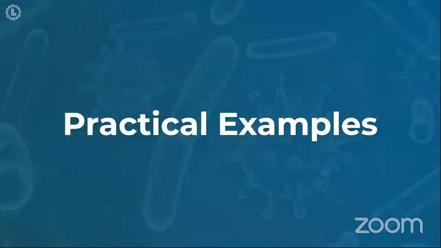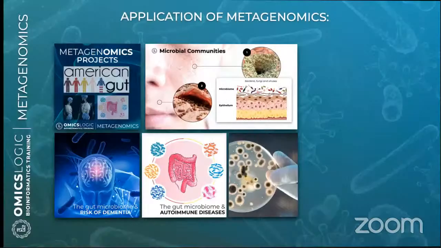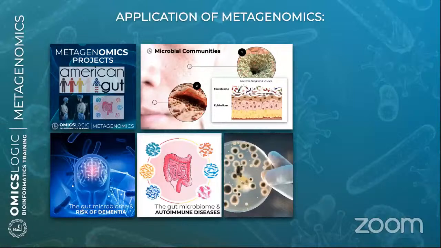So let's talk about several examples that we will use as data sets to practice. So applications of metagenomics include analysis of skin conditions, food sensitivity of the gut, autoimmune disorders, cancer, antibiotic resistance, drug resistance, and even ecological and agrobiological studies.